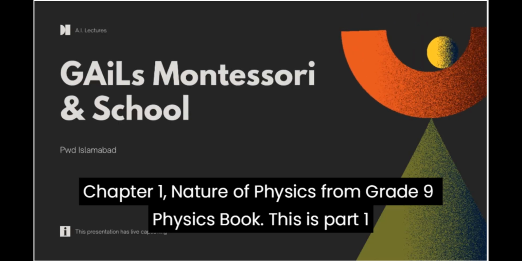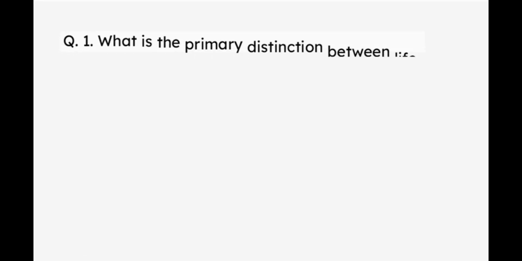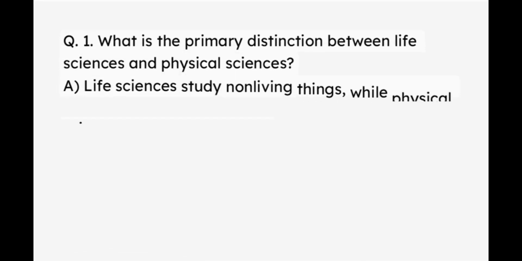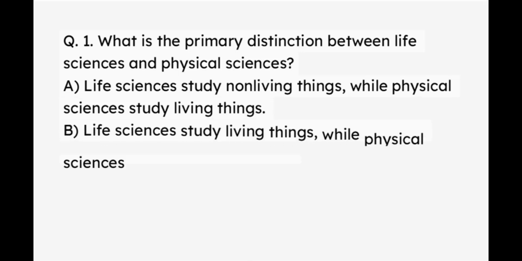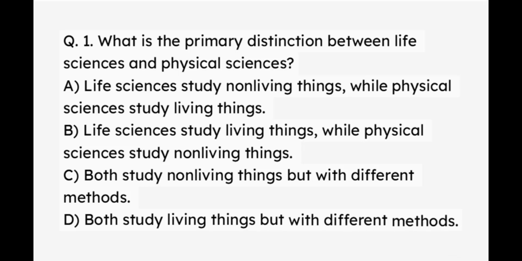Chapter 1, Nature of Physics from Grade 9 Physics Book. This is Part 1. Q1. What is the primary distinction between life sciences and physical sciences? A. Life sciences study non-living things, while physical sciences study living things. B. Life sciences study living things, while physical sciences study non-living things.